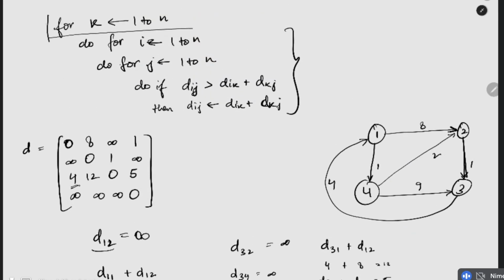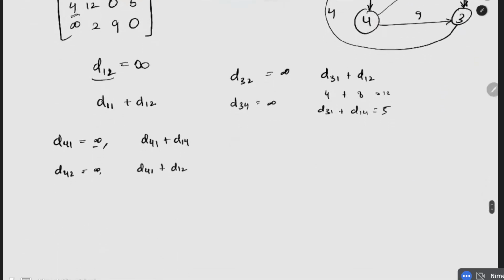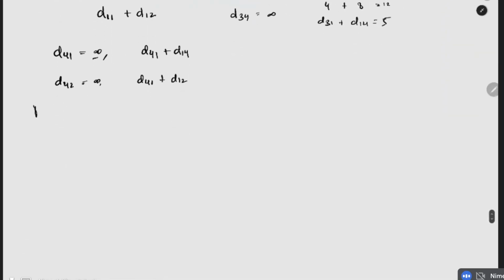So when we go through different values of k, we'll keep updating these values. If I had to write the time evolution of these, after the first iteration, it will be this matrix.